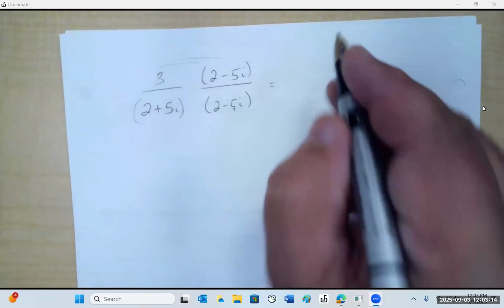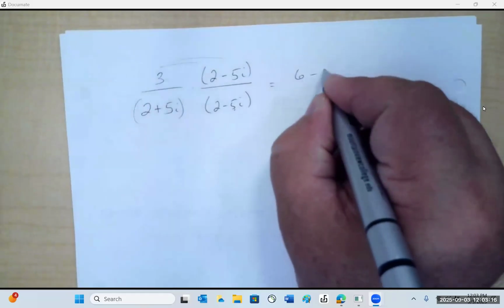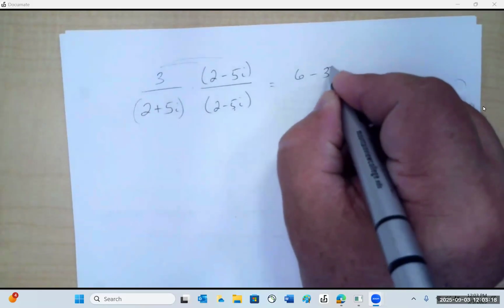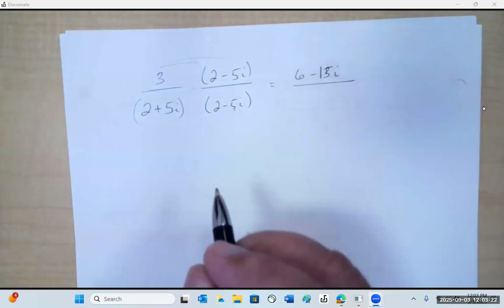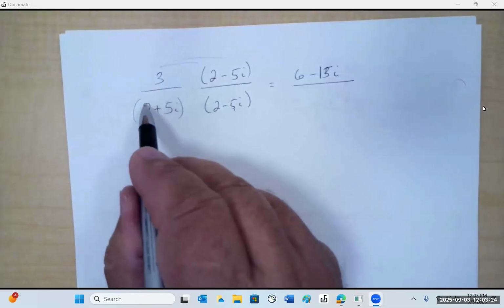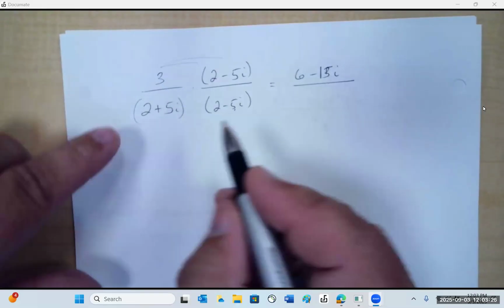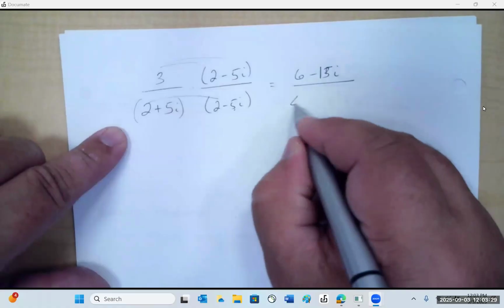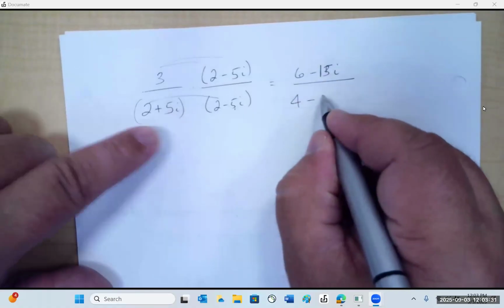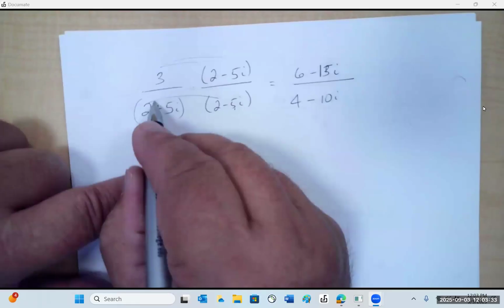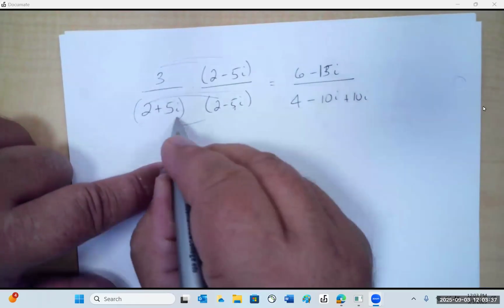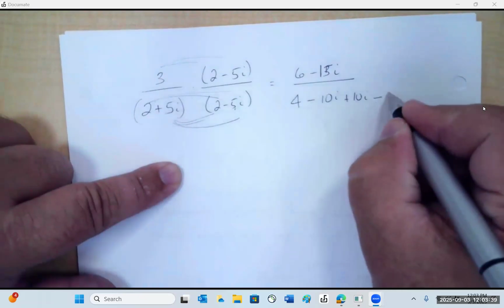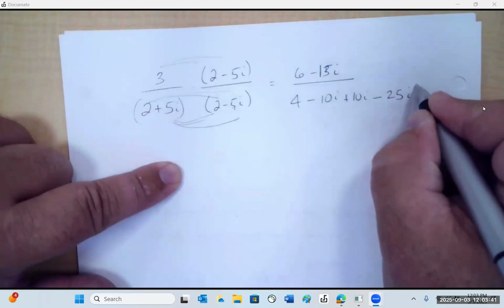So on top we distribute, so 6 minus 15i. On the bottom, 4 minus 10i plus 10i minus 25i squared.